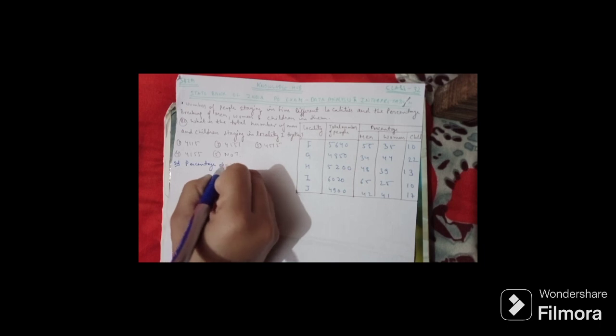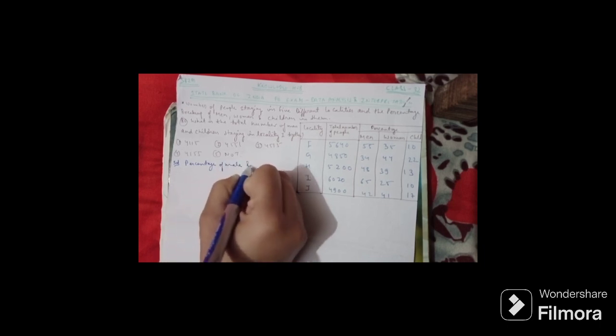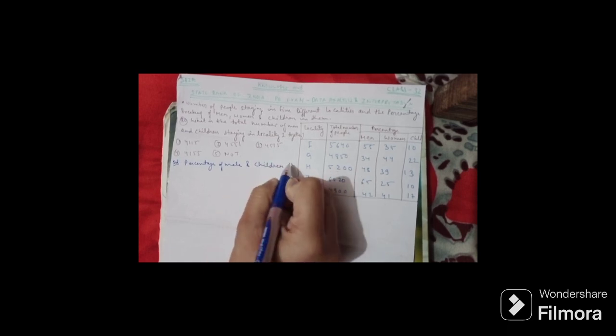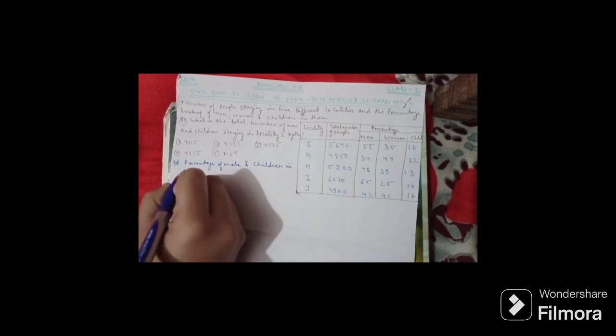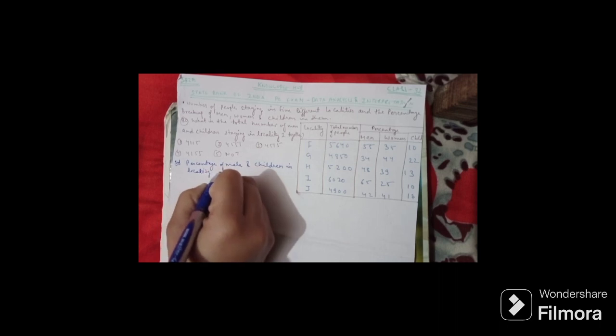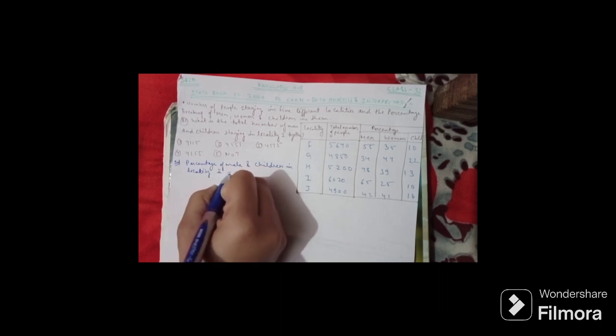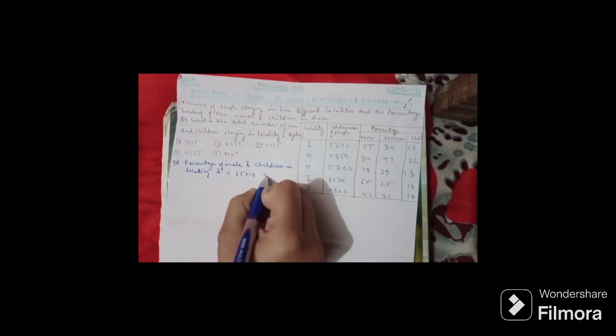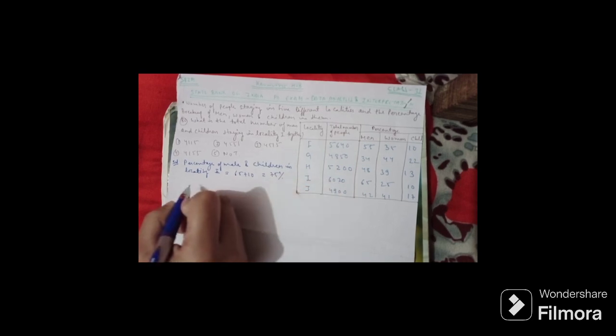So percentage of men and children in locality I equals 65 plus 10 equals 75%.